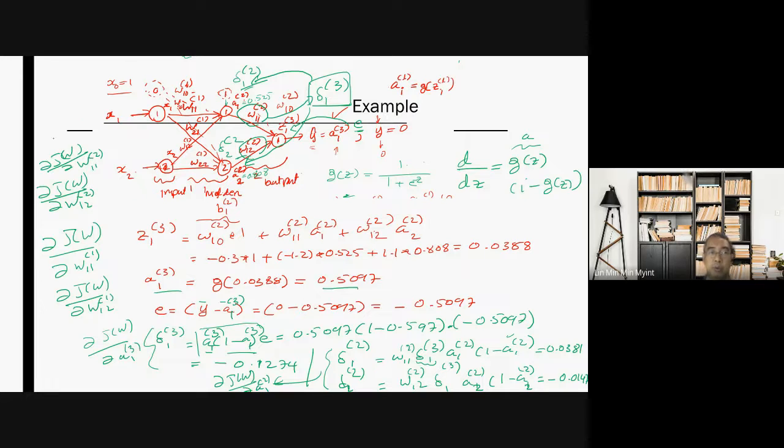So to calculate this one, what we have to do is we already found this one. Let me write it down in here.